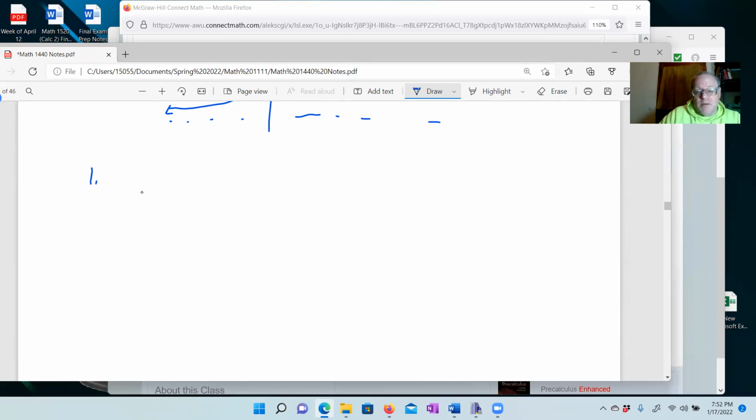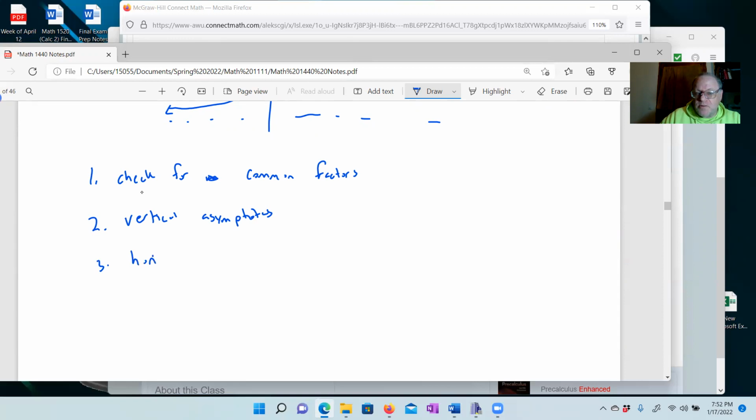First, we're going to check for common factors. 2, you do your vertical asymptotes if there are any. And 3, we're going to check for horizontal asymptotes.